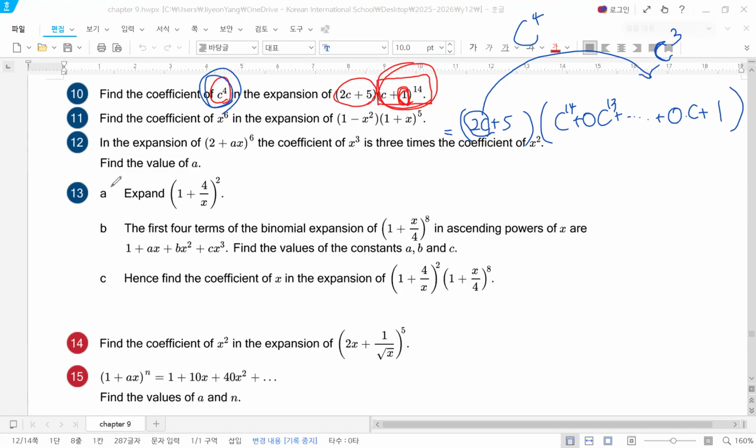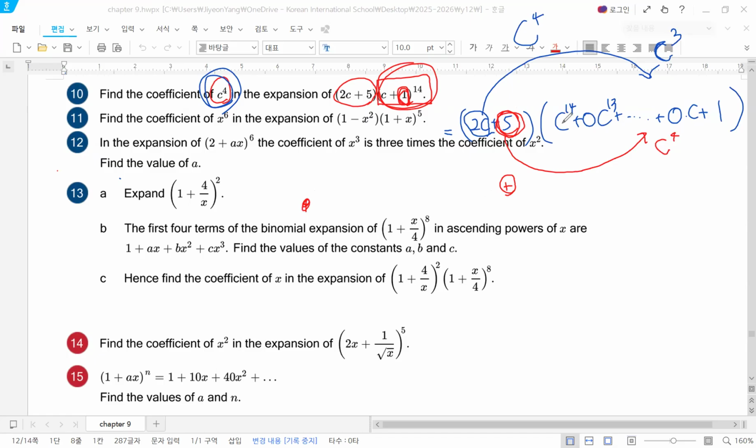Do you understand? And since here it's a constant, just a number, to make c to the power of 4 you simply need to choose c to the power of 4 in this expansion. Since it's addition, you can just add up.